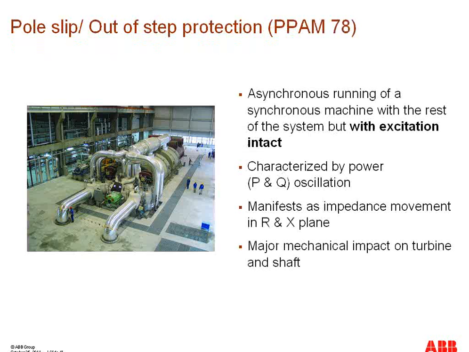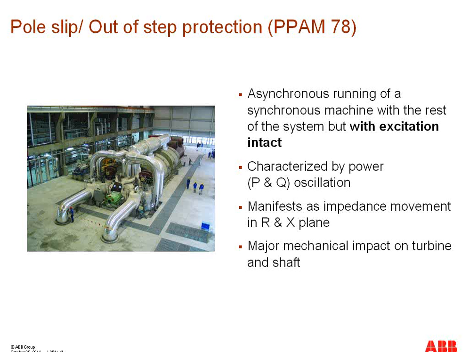Let's talk about the pole slip or out-of-step protection. This situation happens when the machine runs asynchronously with the rest of the system, but with the excitation system intact. This has a lot of serious implications when the machine slips a pole or goes out of step.